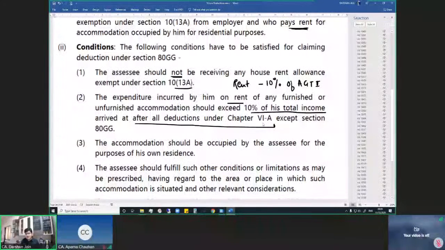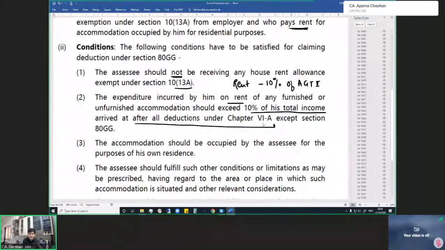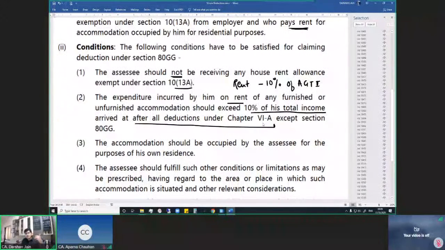Now what could happen here is, a person paying both donation under section 80G and rent under section 80GG, there could be a conflict, because 80G says you have to calculate gross total income after reducing all other deductions, and even 80GG says the same thing.